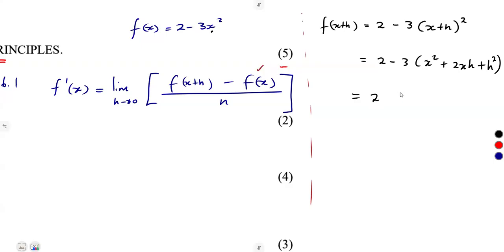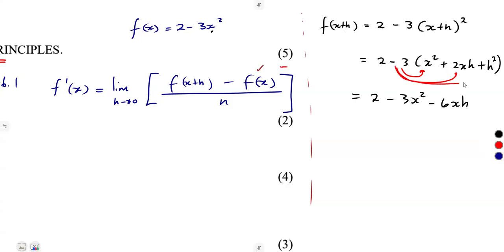And 2, then here, the minus 3 has to expand this bracket. So you must multiply each term by negative 3. Negative 3 times x squared, negative 3x squared. Negative 3 times 2xh, that's negative 3 times a positive, which is negative 6xh.